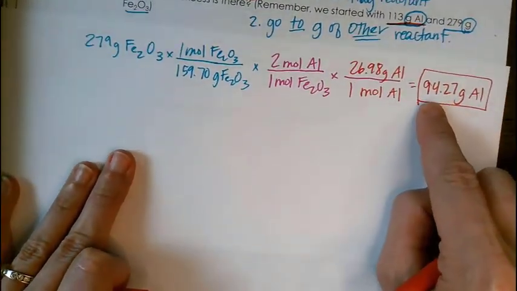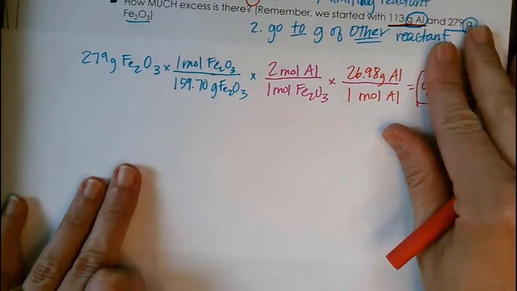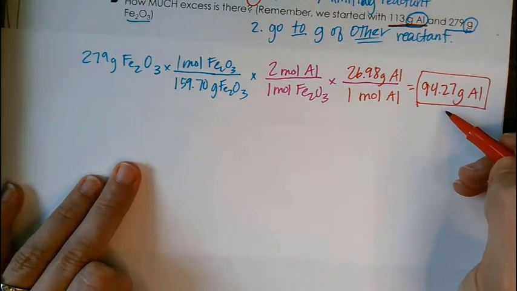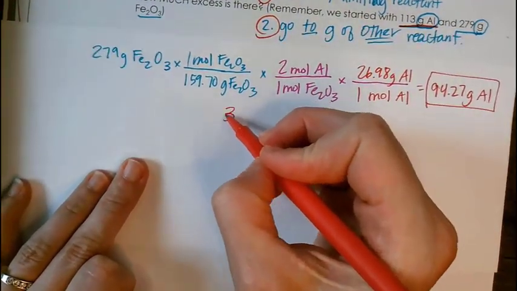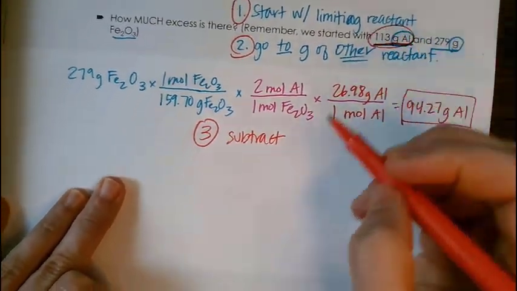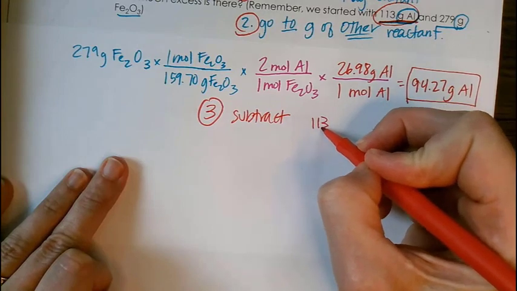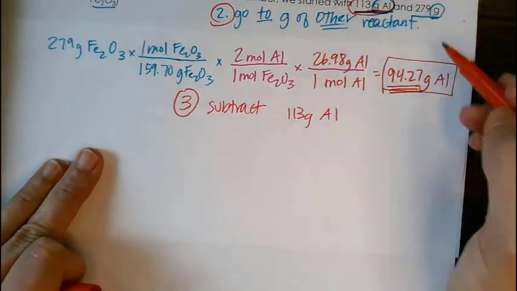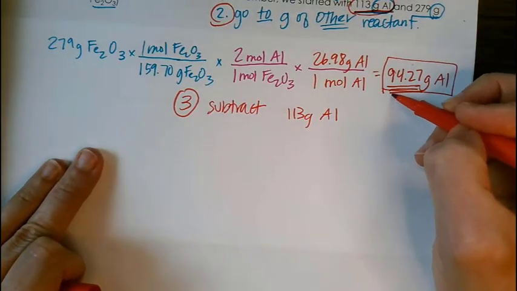So we have step number 1. We started with our limiting reactant. Number 2, we went to grams of the other reactant to see how much we actually needed to make it happen. Number 3, now we subtract. How much aluminum did we start with? 113 grams. How much do we actually use?